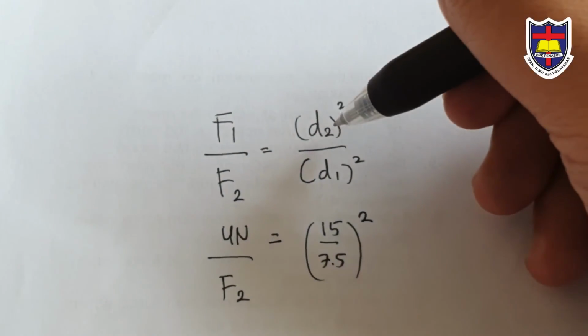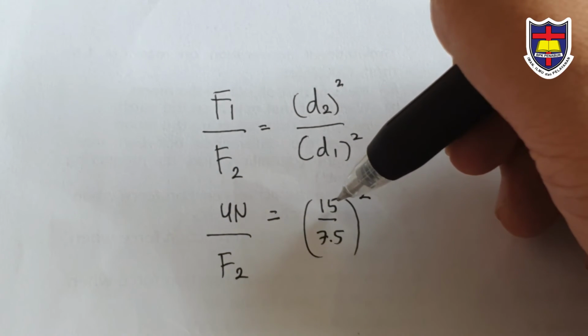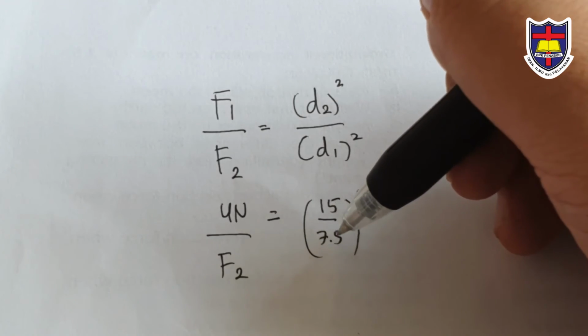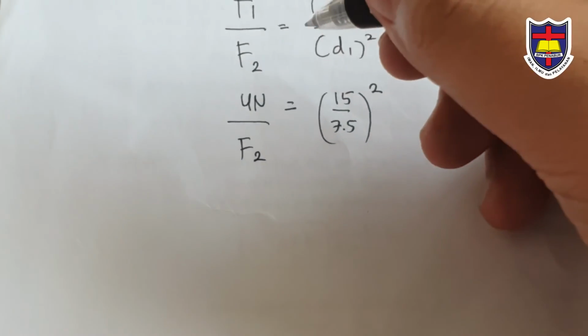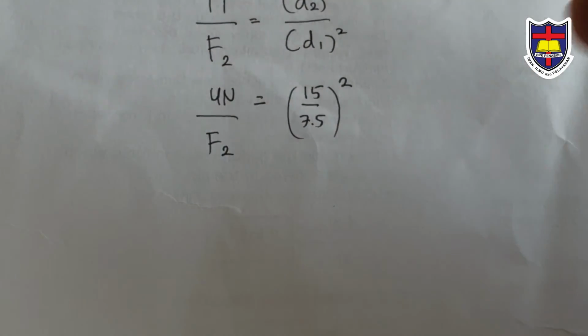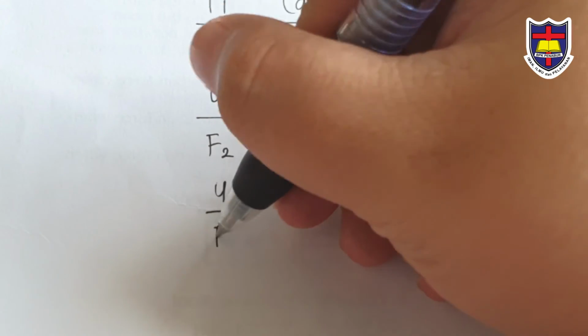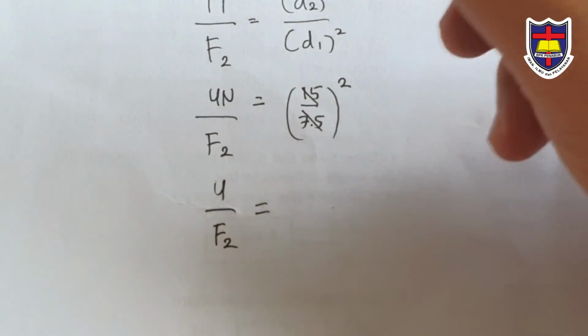So we can combine them: this is D2 squared divided by D1 squared, the same as D2 divided by D1, all squared. Okay, so after this, now 4 over F2 equals 15 divided by 7.5.